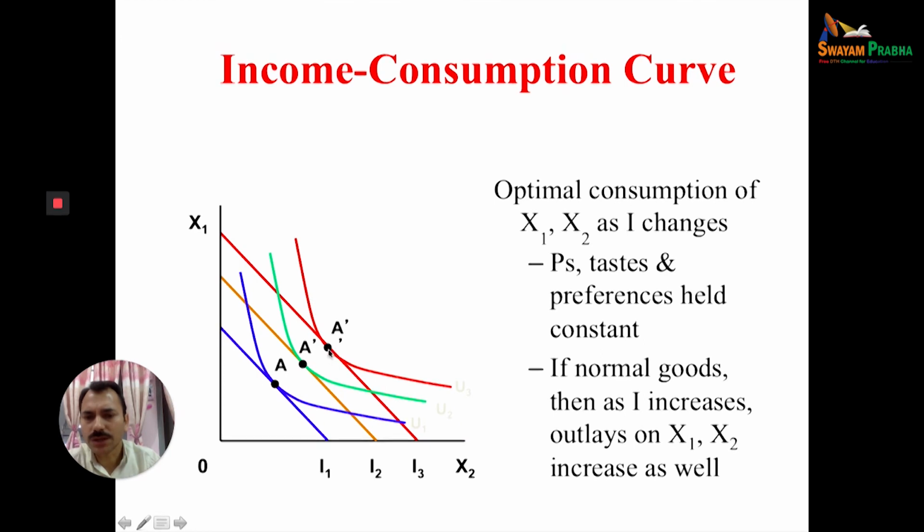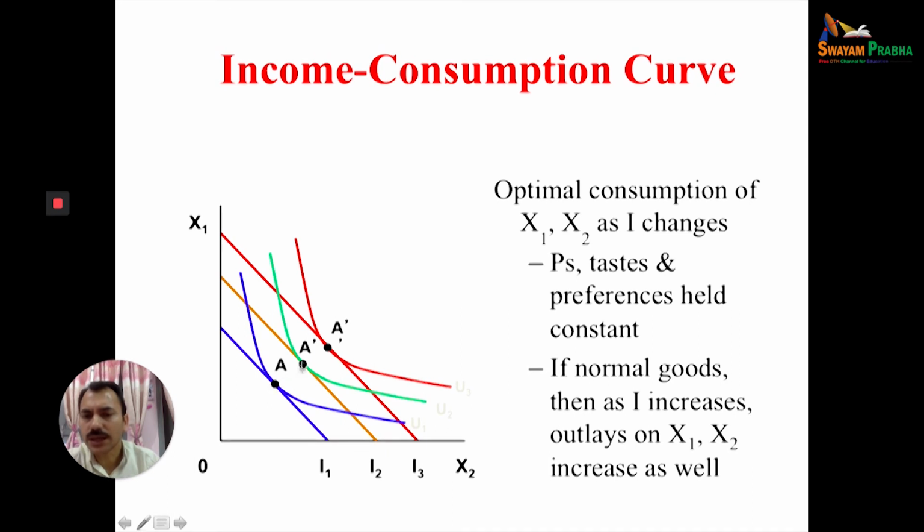Then when income increases more, or even when the price of both commodities reduces, the budget line will shift. It means we can purchase more of the commodity. When the price of both commodities reduces in the same direction, the budget line shifts outward. If the price of both commodities increases, then the budget line shifts to the left-hand side.